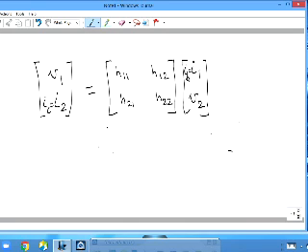So these are called the hybrid parameters, and clearly V1 is equal to H11 times I1 plus H12 times V2, which means that H11 has units of ohms and H12 will have no units, right? Because volts is equal to volts.